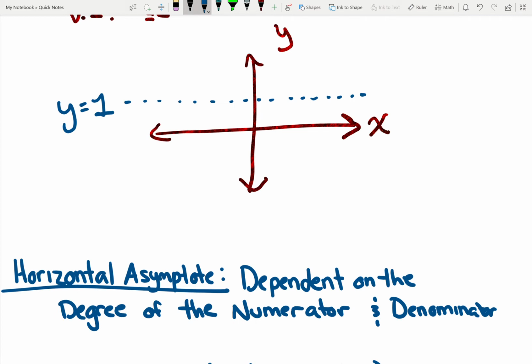And my graph looks something like this. Boom. Where my graph is trying to avoid hitting this invisible horizontal line towards large numbers of x.